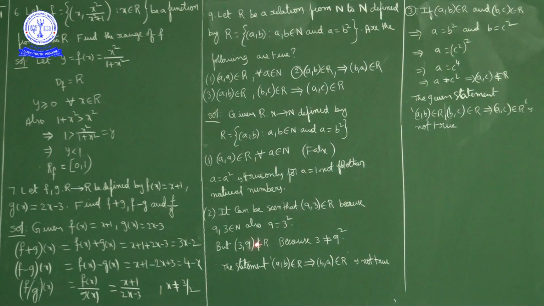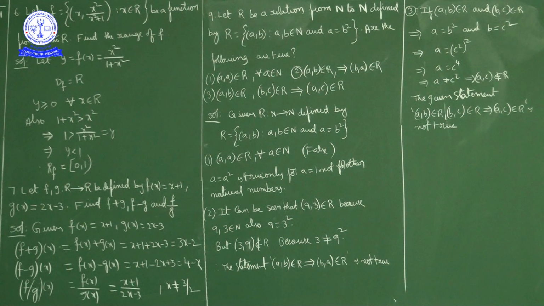So the given statement, (a, b) belongs to R implies that (b, a) belongs to R, is not a true statement. To prove this, I consider (9, 3) belongs to R, because 9 and 3 are natural numbers and first element 9 is square of second element 3.